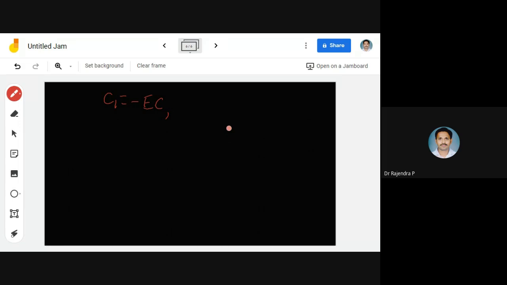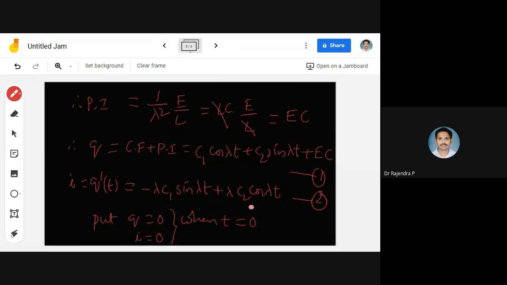Similarly, you try to substitute in the second equation. What is going to happen? I is equal to lambda C2, right? This is 0. So the C2 value is 0.